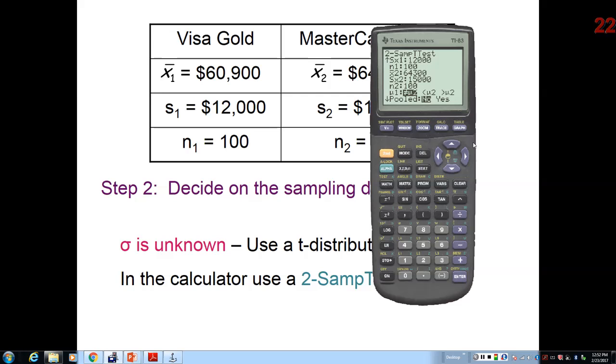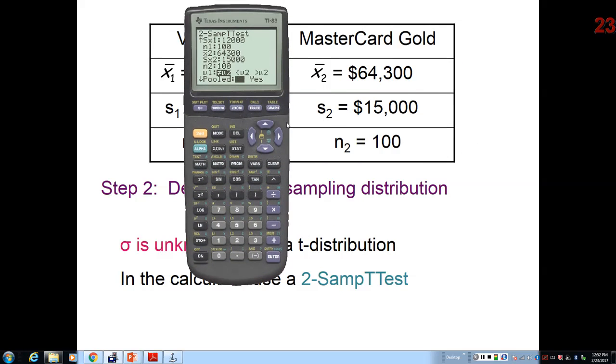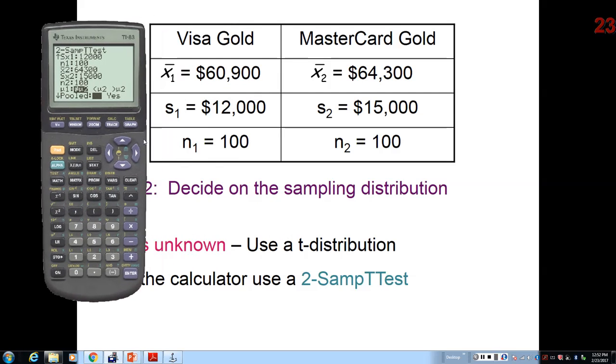Now we have this question, pooled or not pooled. What does that mean? Now these should be population standard deviations, but because we don't have that, we're going to approximate it with our sample standard deviation. Now these two should be squared, should be the same if it's going to be pooled. So if you square this one and square that one and you get the same number, then it's pooled.